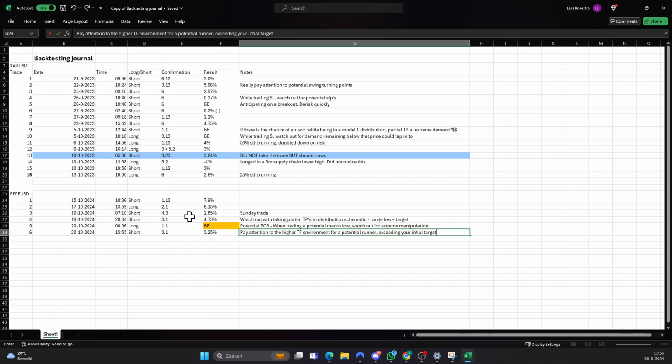So we have a nice Model 2 distribution short, and I've set as a note, pay attention to the higher time frame environment for a potential runner exceeding your initial target.